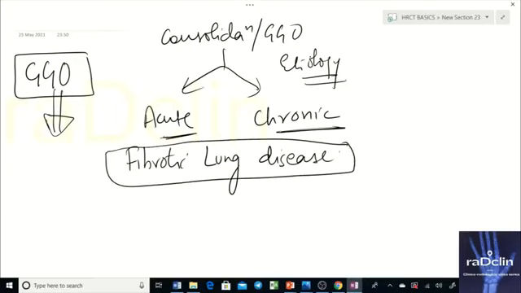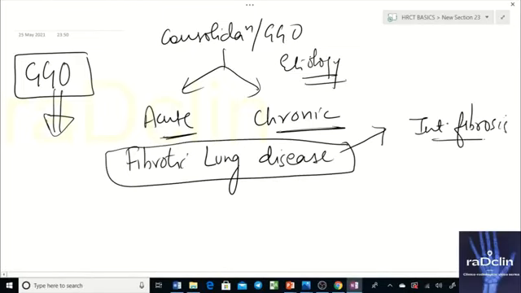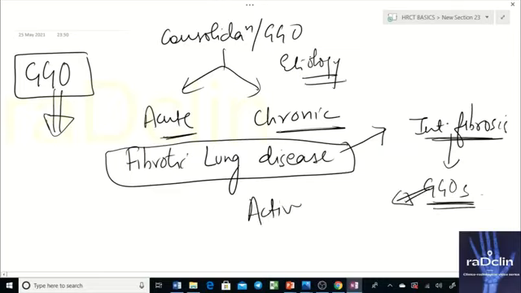In fibrotic lung disease, you have interstitial fibrosis, and when you have interstitial fibrosis, you can have GGO. I just told you that GGO is also caused by interstitial thickening. Now, GGOs say one thing very clearly: they suggest active disease. So when you have GGOs, it suggests active disease, that fibrosis is going on. That is the meaning of the GGO.